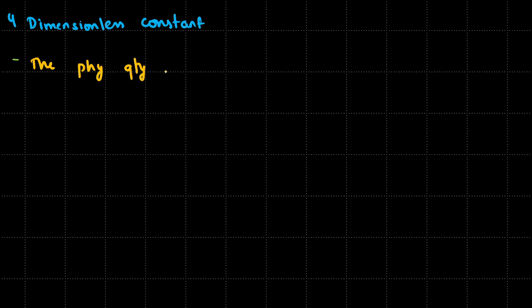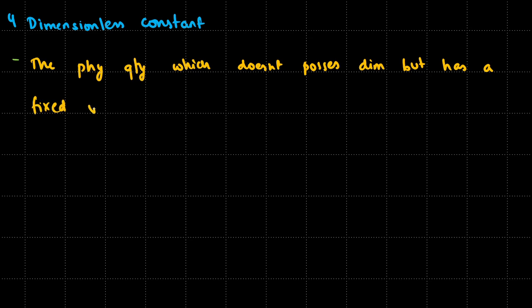The physical quantity which does not possess a dimension but has a fixed value. Okay, let's think about something that does not have a dimension but has a fixed value.